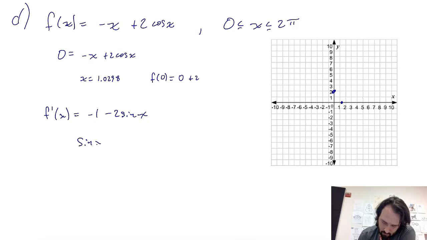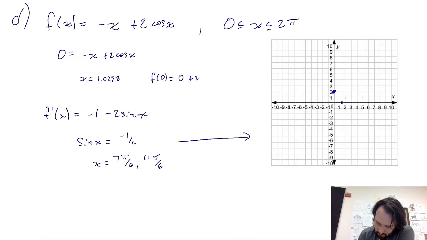Sine would be negative 1/2, so this would be 7 pi over 6 and 11 pi over 6. And I want to relate f prime to f. So between 7 pi over 6 and 11 pi over 6, 3 pi over 2 is a good number.